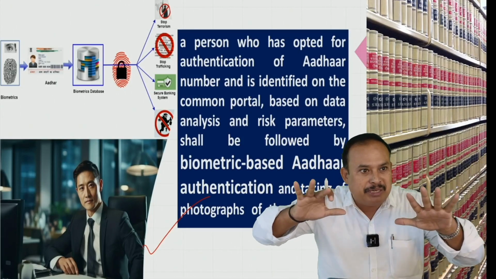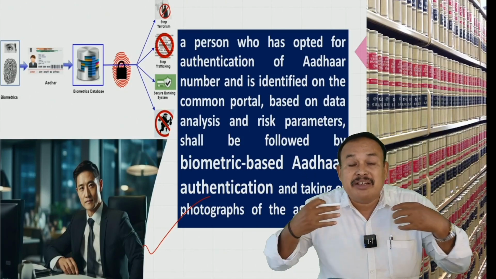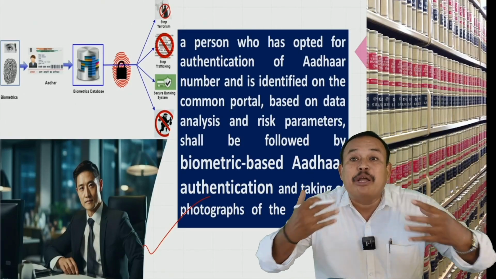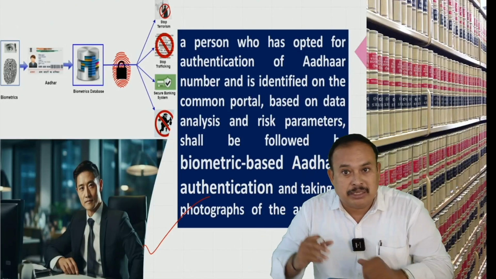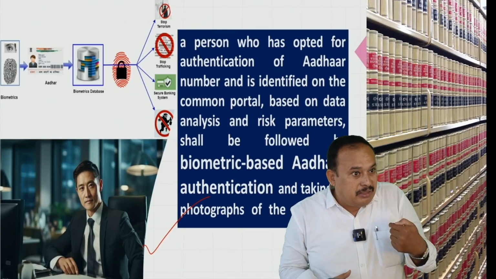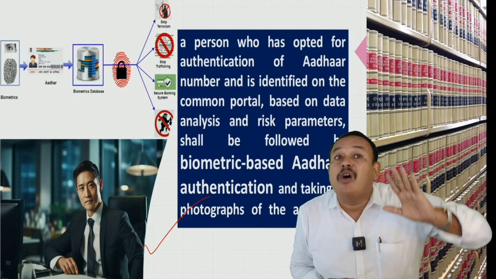We give thumb impressions and eye impressions, all our sensitive identity and biometric information. Where is it available? In the Aadhaar network portal, which belongs to me. Without my permission, no one can access it. You are aware of that? Even the government can't access it.